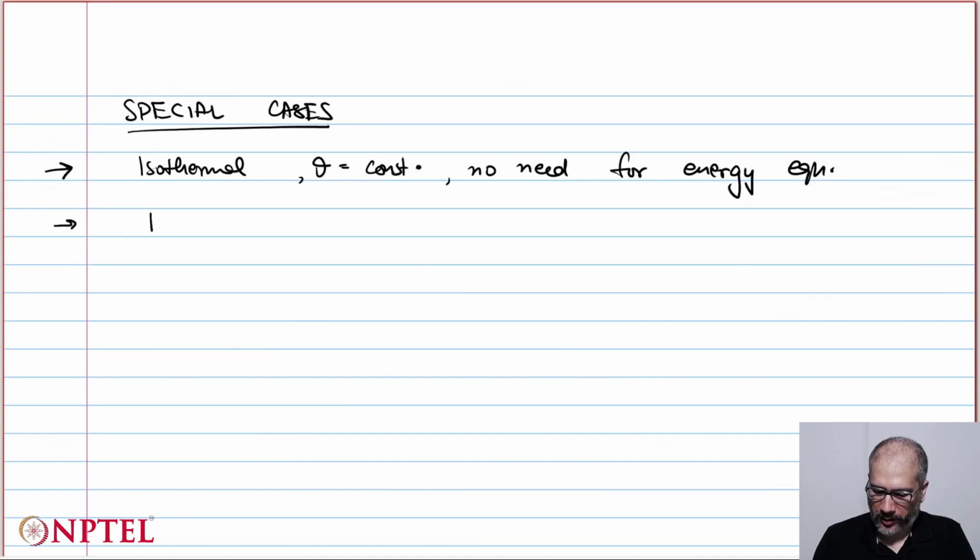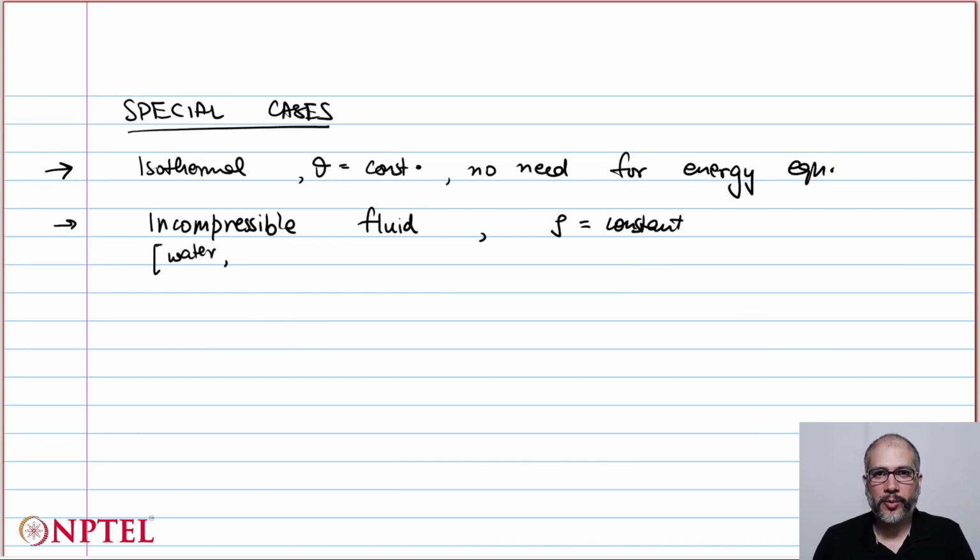Another special case we consider, that's very common, is the incompressible fluid assumption. What this means is that your density is a constant. Fluids like water, which are used a lot, or oil, which is used for hydraulics, are mostly incompressible.